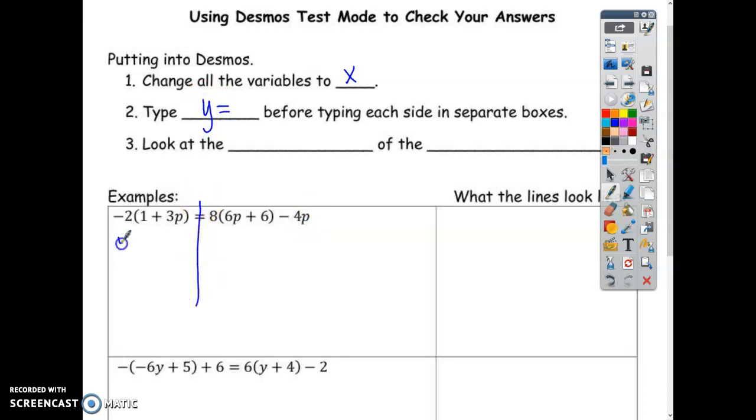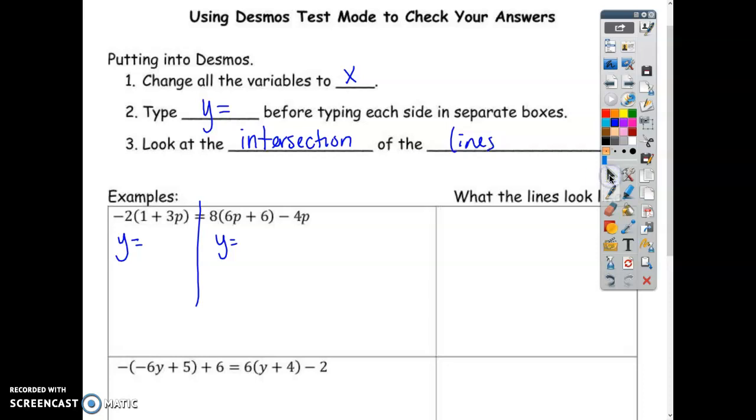So this one would be in y equals, and this one will also be in y equals. And you're looking for the intersection, donde cruzan, of the lines. Okay, the intersection of the lines. If they don't cross, then there is no solution, right? It's where they cross. And if they cross at all points, then it's infinite solutions.